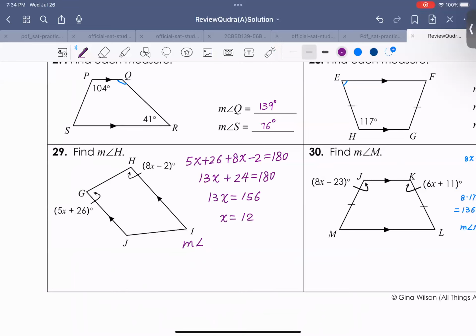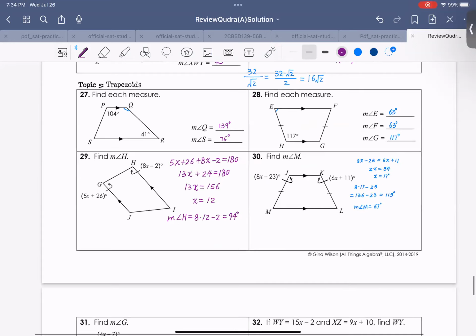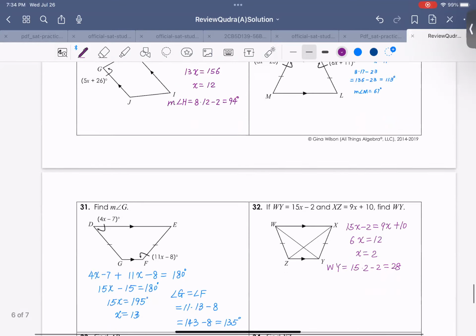Then the measure of angle H is going to be 8 times 12 minus 2, and that is equal to 94. Good job. Excellent. Very good.